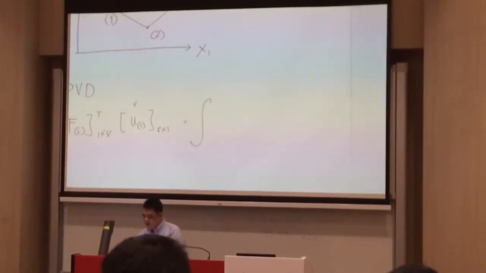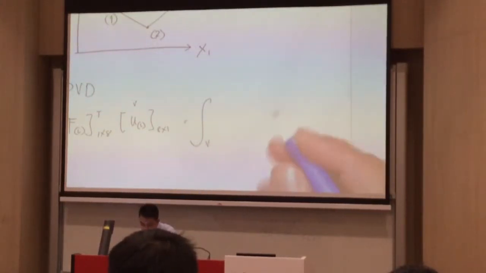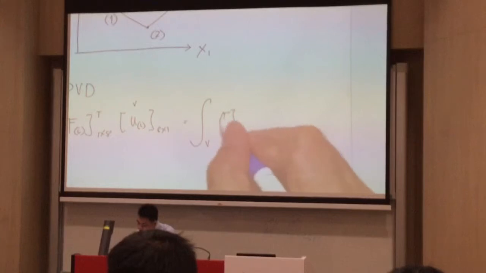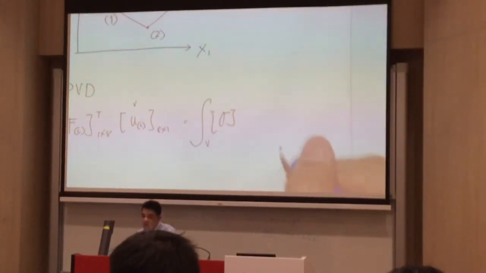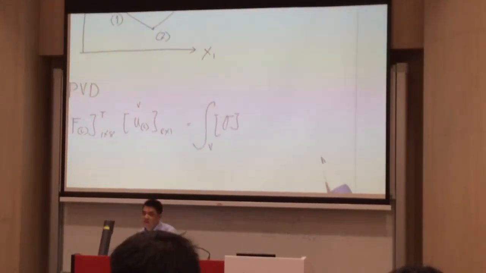So force multiplied by the distance, that is the work done. This is equal to the strain energy. So work done is equal to the strain energy. So you have your stress, 3 stresses, sigma x, sigma y, and sigma xy. Sigma 1,1, sigma 2,2, sigma 1,2.